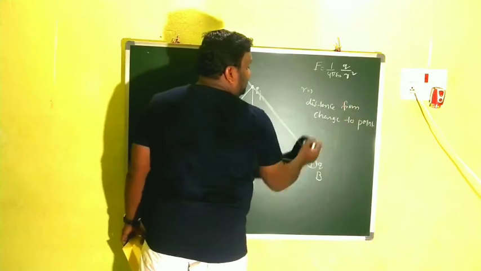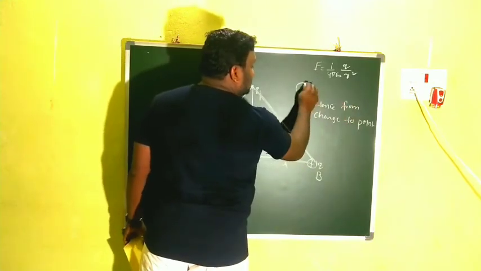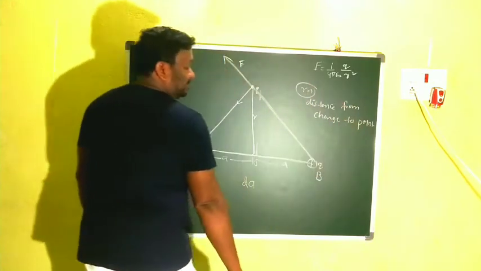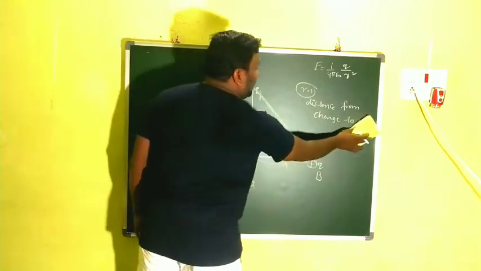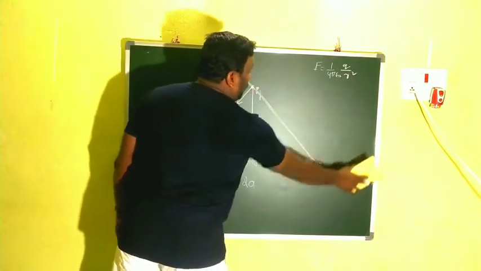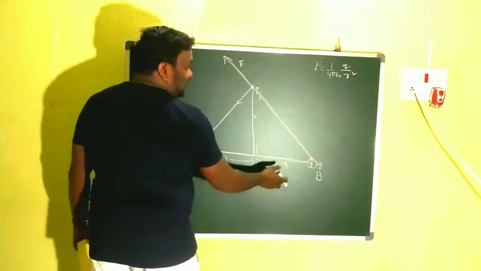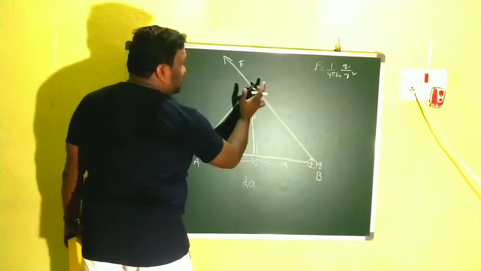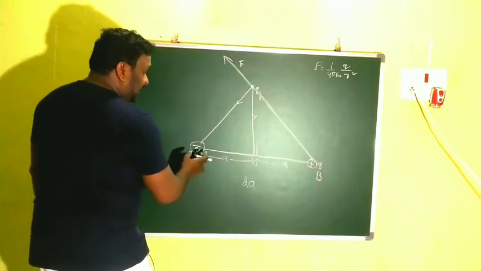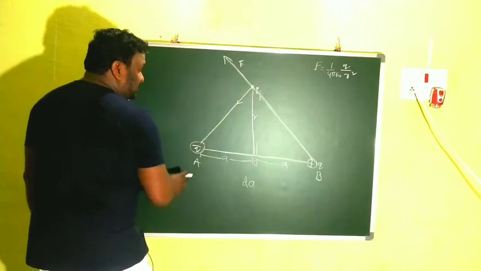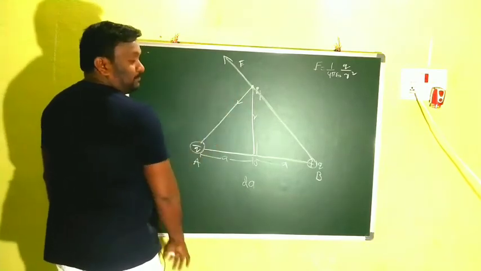Here what is meant by r? Distance from charge to the point. Now distance r means what? Distance from charge to the point. Clear? So that's why here in this case also we need to find out the distance from plus q charge to the point P, and similarly we want to mention the distance from minus q to the P.